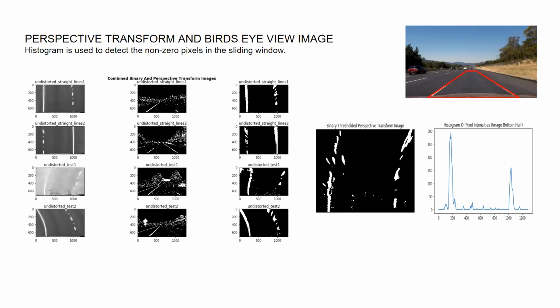Now that we have detected the edges and lane lines, the next task is to remove the noise and obtain only the required features.